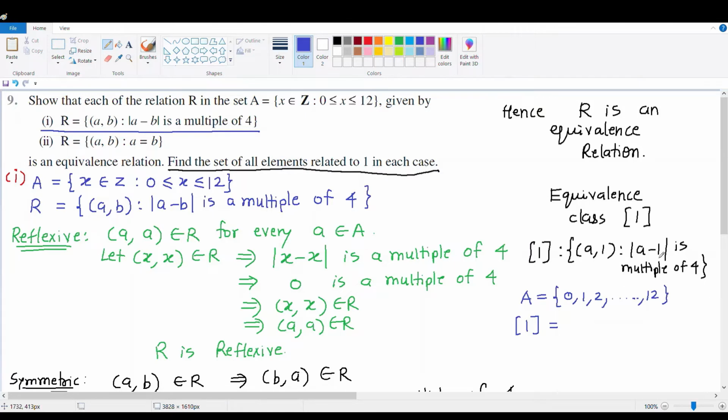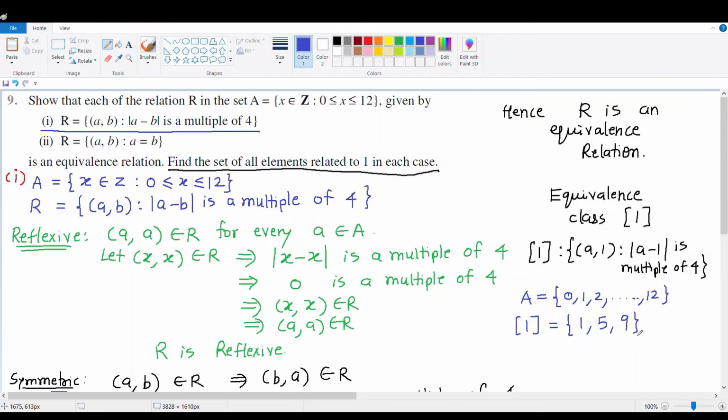So 1 minus 1 is 0. Yes, 0 is a multiple of 4. So one of the possible numbers is 1. Now 5: 5 minus 1 is 4, and 4 is a multiple of 4. Then 9: 9 minus 1 is 8, and 8 is a multiple of 4. And I close that parenthesis before even trying further, because the next number would not be in A. From 1 to 5, 5 to 9, it is a jump of 4.